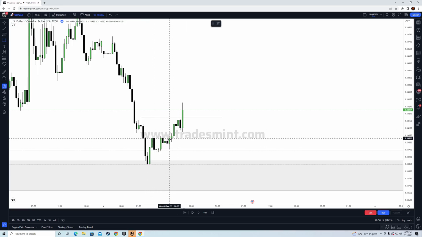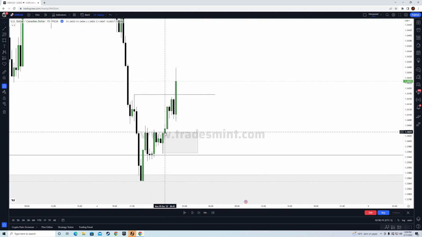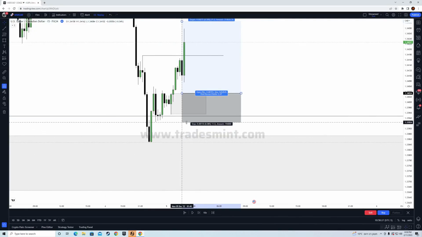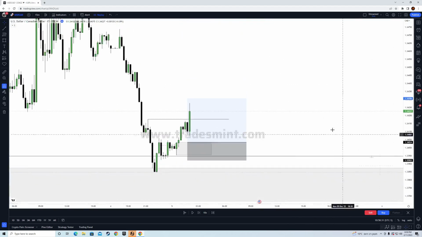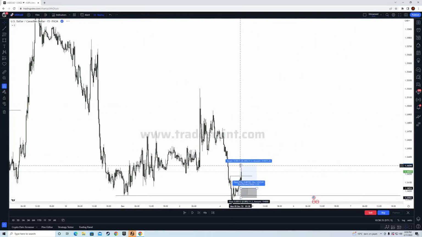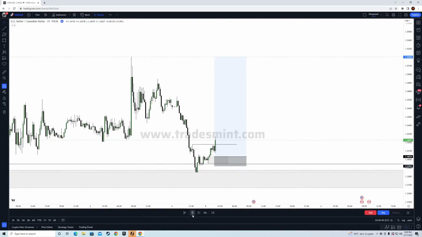So if I look at here, this is the first candle of the fair value gap, right? So this is our order block. I would take my long position just right here. I would put my stop below this low or this low. So I would target the high of the B leg, which is this. So let's see how this plays out.